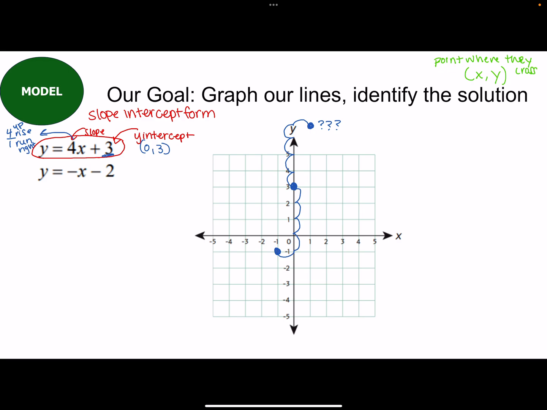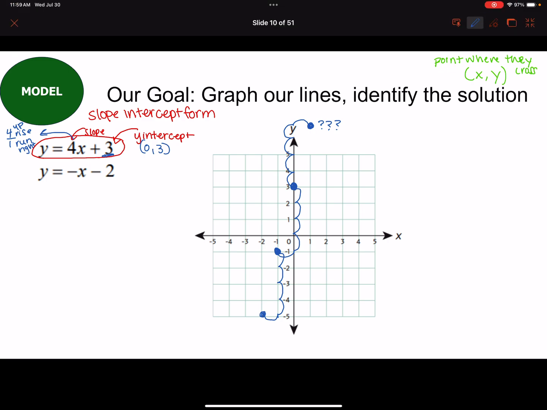There's another point. I'm going to do it again. 1, 2, 3, 4, over to the left 1. Now I have points to make my line. Here it is. So this is the first line, which is y equals 4x plus 3.